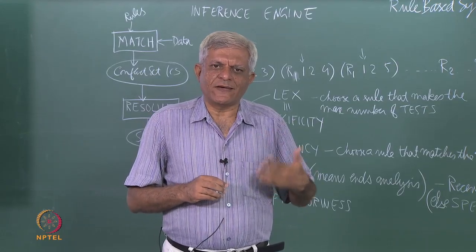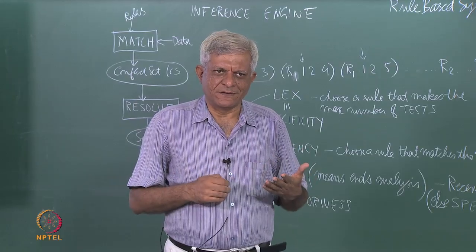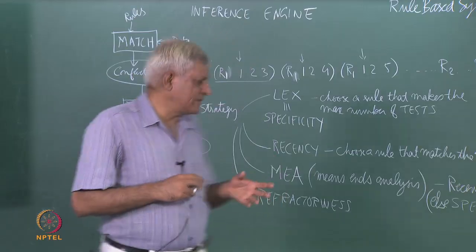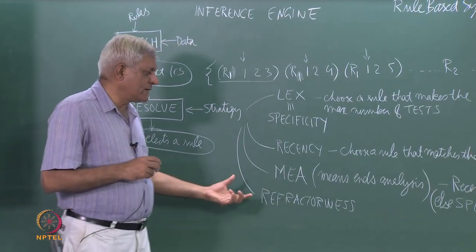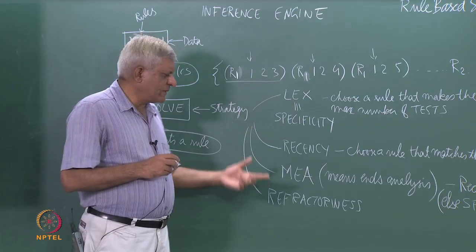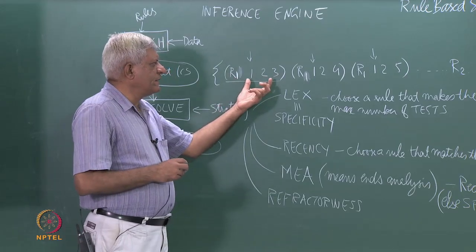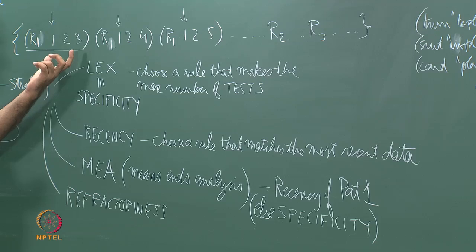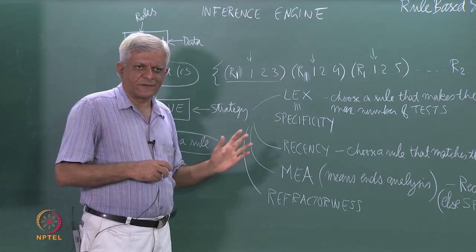You do not want that rule to fire again essentially with the same piece of data, and that is what refractoriness says, that every rule can only fire once with that piece of data, which means of course, with the same timestamps in the working memory. If you were to delete some data and add the same data again with a new timestamp, then it could fire, that is a different story.